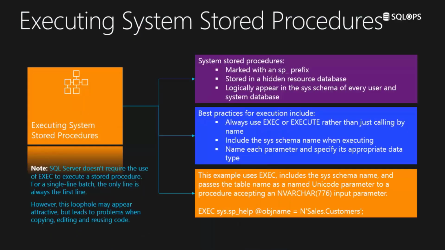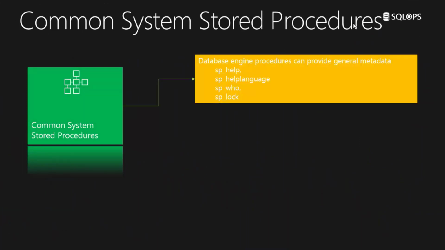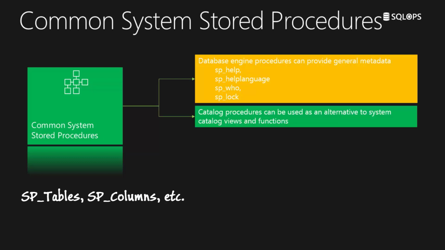Now let's see some of the common system stored procedures. SQL Server provides numerous system stored procedures, many of which perform administrative tasks. The list of metadata related procedures include general help stored procedures such as sp_help and sp_helplanguage, as well as more specific procedures such as sp_tables and sp_columns. The catalog procedures can be used as an alternative to system catalog views and functions.